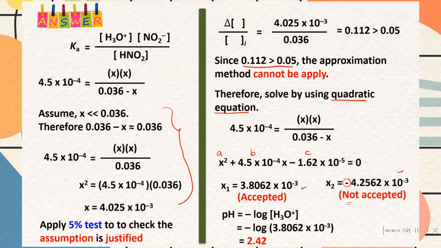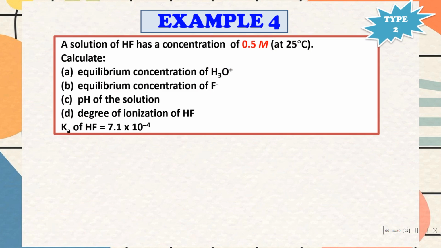Next, use the value of X1 and substitute into the pH formula, since the question asks to calculate the pH. Substitute here, and you get the pH of the solution is 2.42.